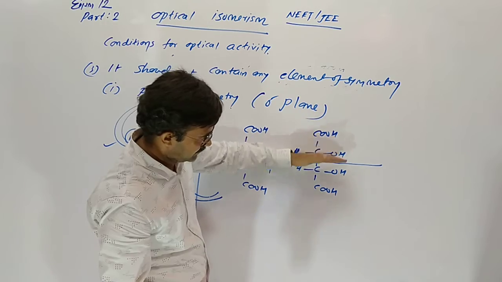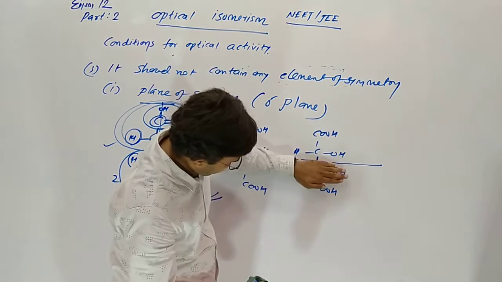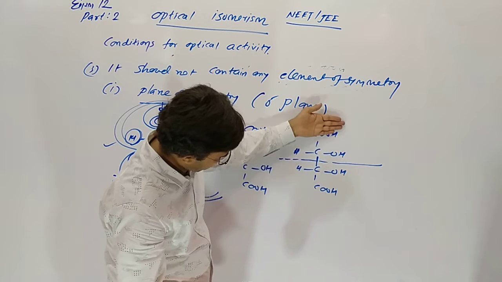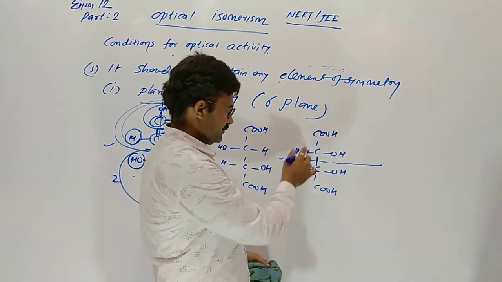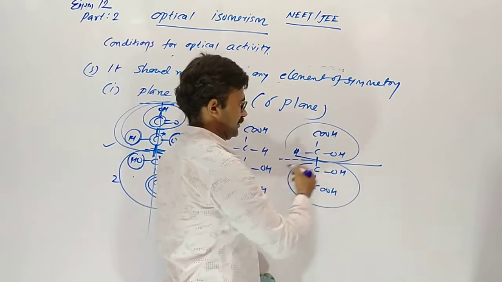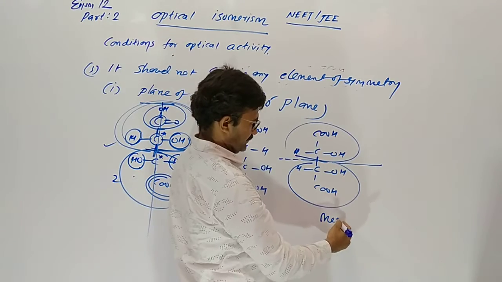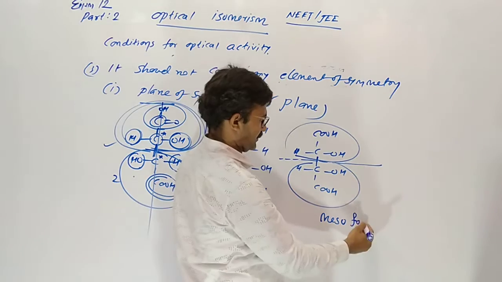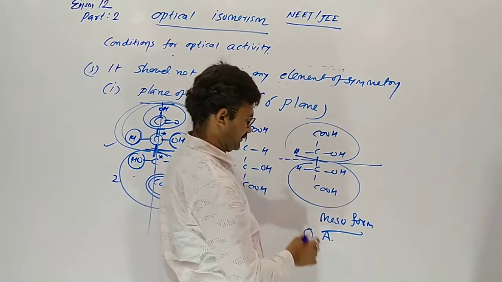The upper half part is a mirror image of the lower half part. It looks like this: COOH, COOH, H, H, OH, OH. So whenever the upper half and the lower half are mirror images, this is called meso form. And meso is never optically active.